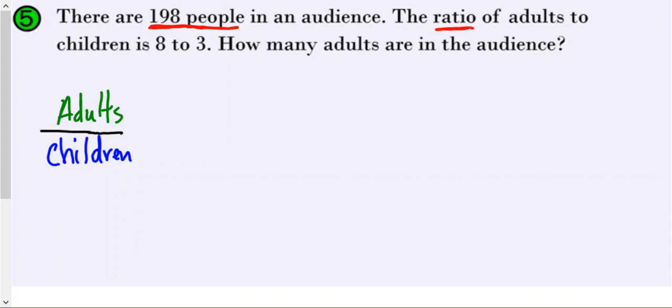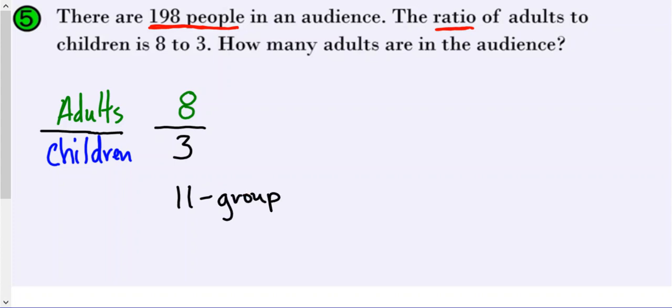Okay, so our ratio is going to be 8 to 3, 8 adults for every 3 children. And now, if we add these two together, 8 plus 3, that will give us 11. So the ratio that they're starting with, they're just talking about a group of 11.